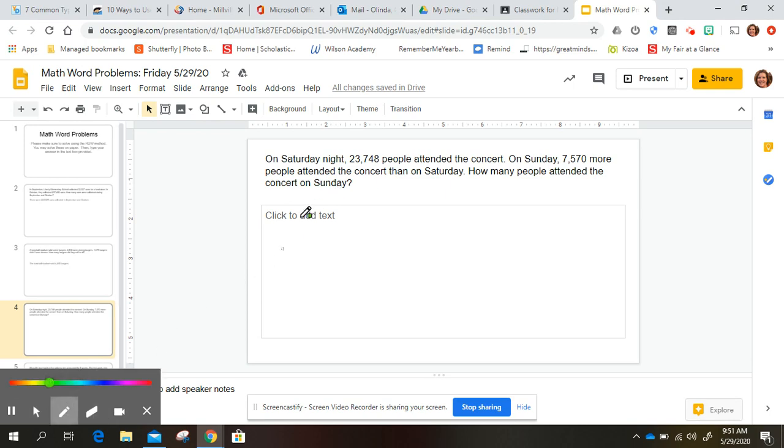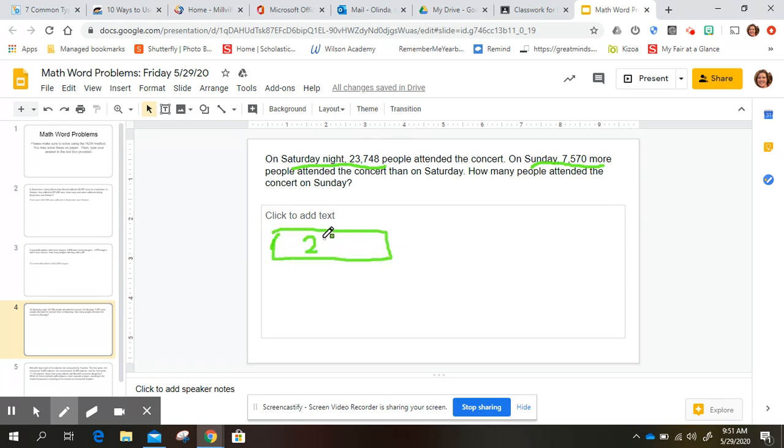All right, so when we take a look at our information, we know that on Saturday night, they had 23,748, and on Sunday, they had 7,570 more. So this is a comparison tape diagram. So we'll have our tape diagram like this, and we had 23,748, and that was Saturday. So I'll put SAT for Saturday.